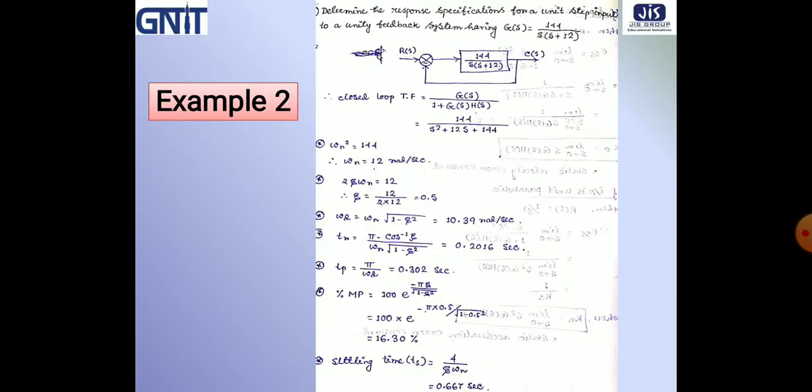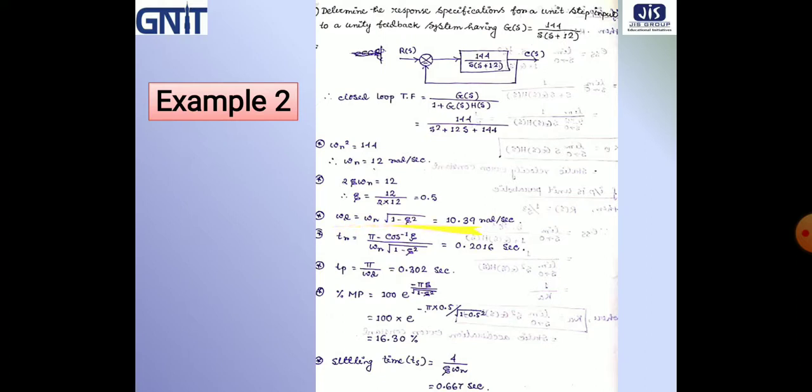After comparing, omega n square will be 144, so omega n is 12, and 2 zeta omega n is 12. So zeta will be 0.5 after calculation.